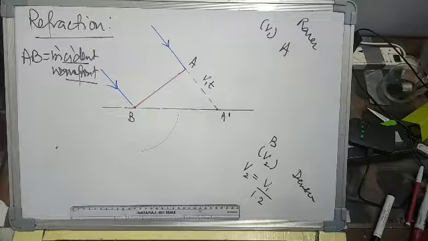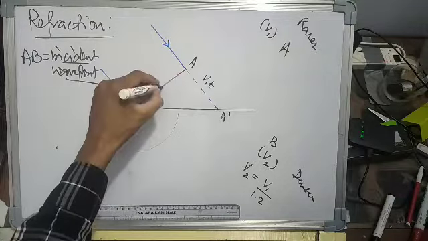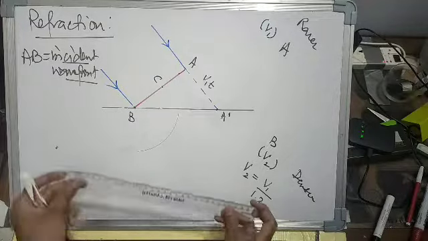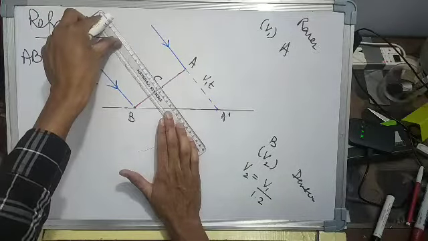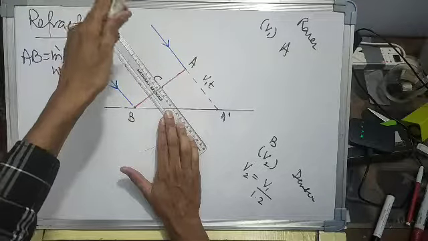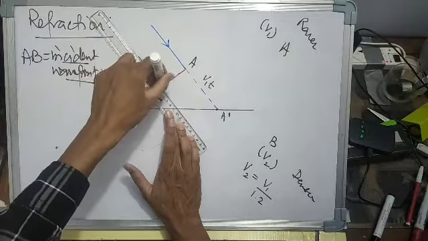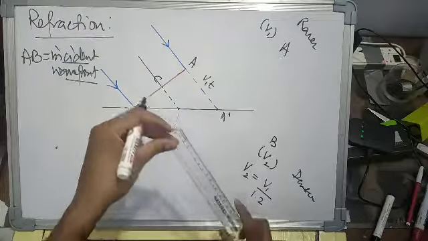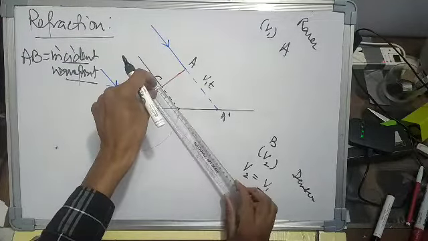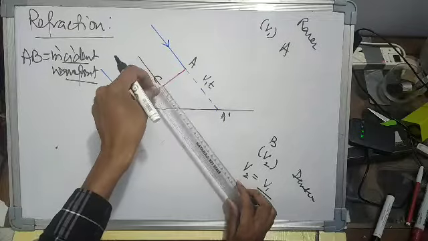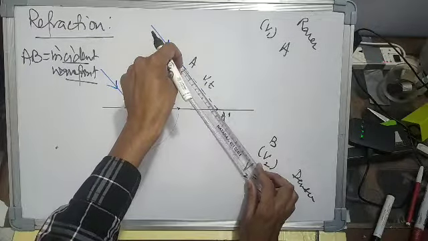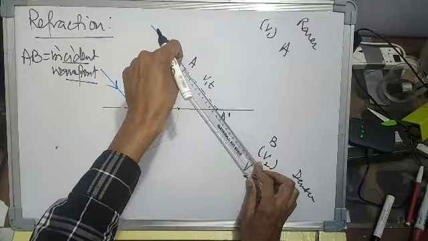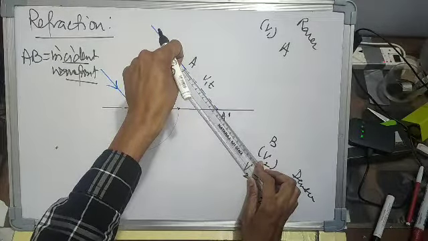Let's take another point C somewhere on the wavefront. From C first light will reach the surface. The light ray coming must be perpendicular, as I told you already. Now this distance is 5 centimeter, and this was 9.5 centimeter.